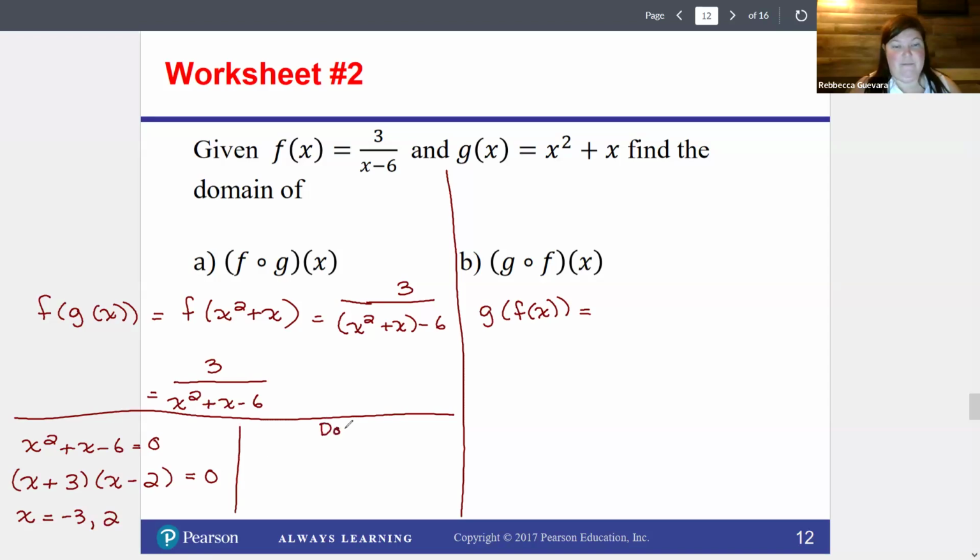So my domain is x, as long as x isn't -3 or 2. Or in interval notation, -infinity up to -3, then we skip over the -3 up to 2, skip over the 2, and then go 2 to infinity.